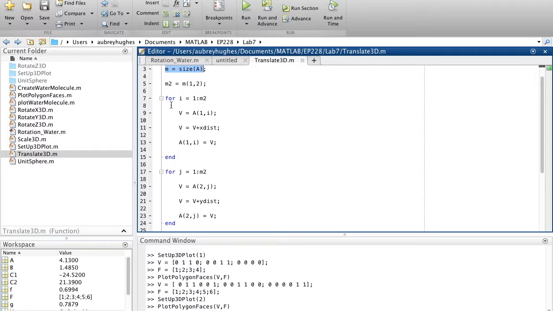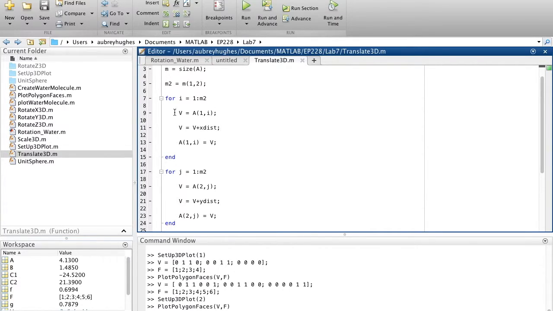So this first for loop deals with the X components. So first row, different columns every time.